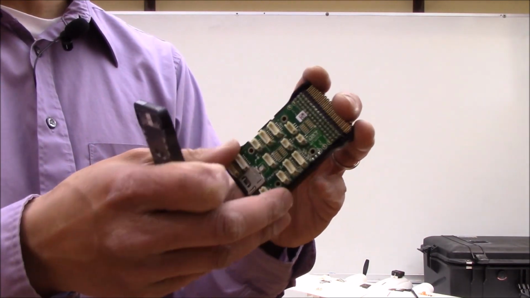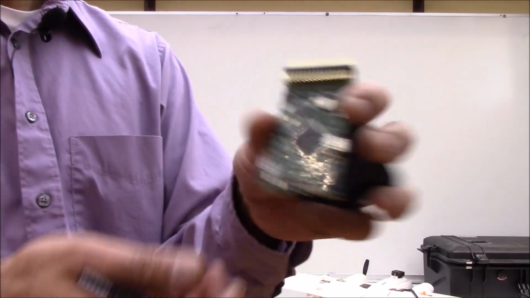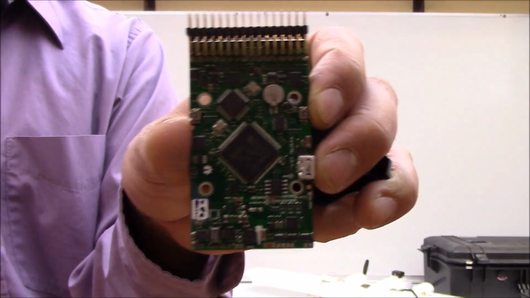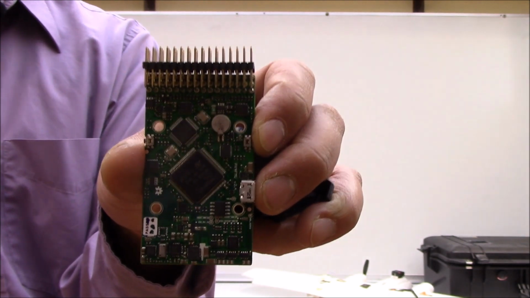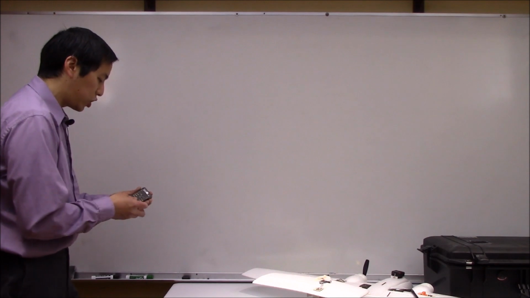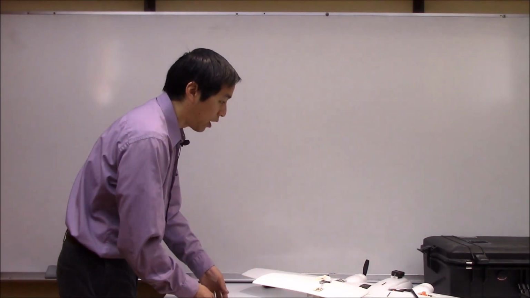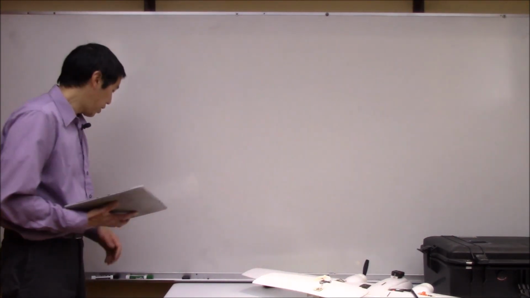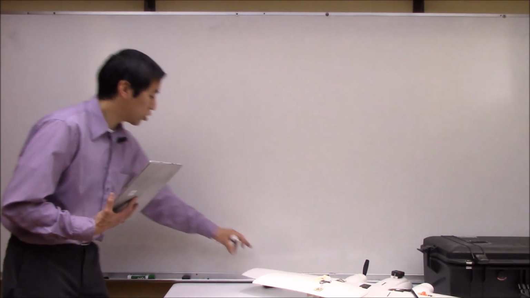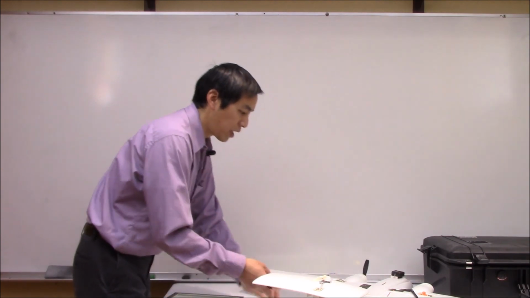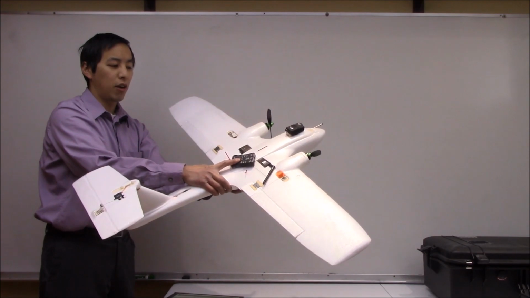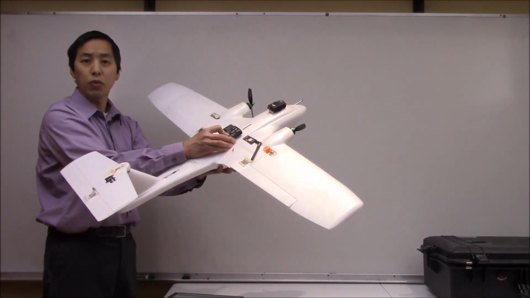If I break this open and you look inside, on the back there are some MEMS electronics. One of these is a rate gyro. A rate gyro is used to measure the angular rate of change of the body with respect to some reference frame, namely the North-East-Down frame. You typically slap this inertial measurement unit on board your aircraft and strap it down, making sure it stays rigidly attached to the body.